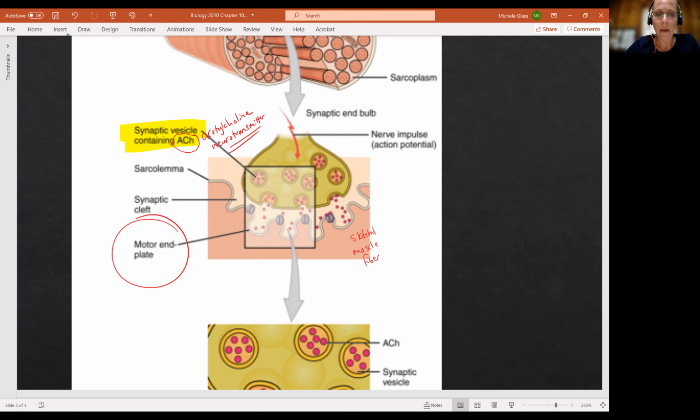And we're seeing the synaptic cleft, which is the space in between the synaptic knob and the motor end plate. The folding in the motor end plate is important because it increases surface area. So the neurotransmitter is going to come across and bind.